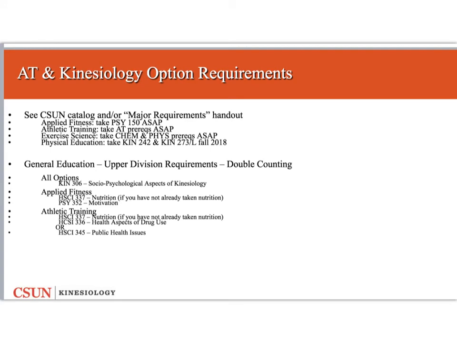It will also meet 3 units towards your upper division GE. And in athletic training, as part of the prereqs for the athletic training program, you need either Health Science 336 or 345, and either of those will meet both athletic training and upper division GE requirement.